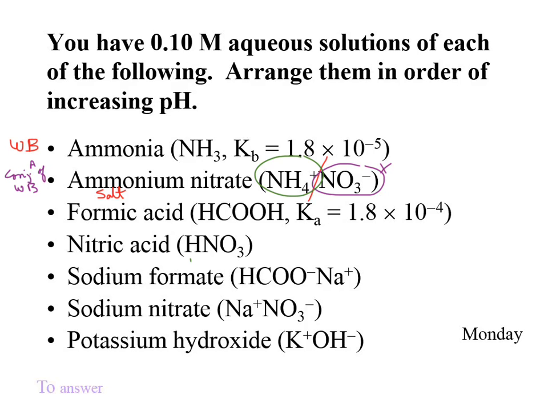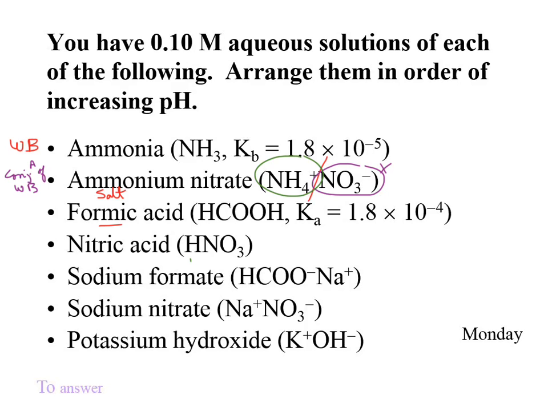Okay, so it's going to do that to a certain extent, but it's a weaker acid than NH3. Ammonia is a stronger weak base than that is a weak acid, because we talked about conjugate acid-base pairs. So already be thinking, that base is going to have a high pH. That conjugate acid of a weak base is going to have a lower pH. It's going to be on the acidic side of neutral. Of course, the first one's definitely going to be on the basic side of neutral. So that's kind of what you do.